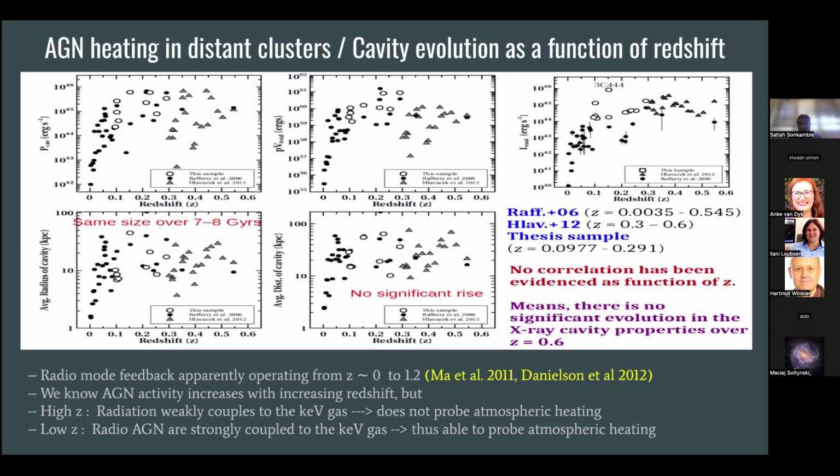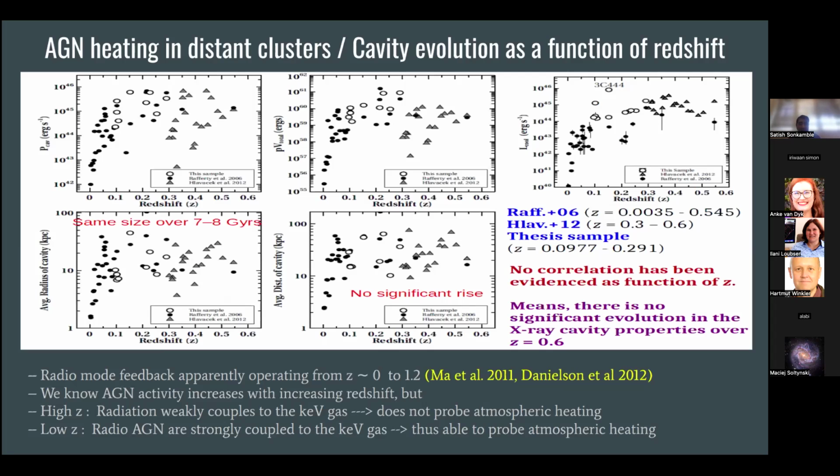We don't find any significant evolution up to a redshift of 0.5. Our sample is between the sample of Rafferty and the sample of Hlavacek-Larrondo. Up to now there is no significant evolution, because Chandra is not a suitable instrument to look at cavity systems at higher redshift.